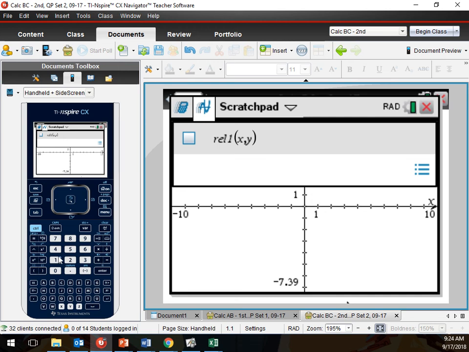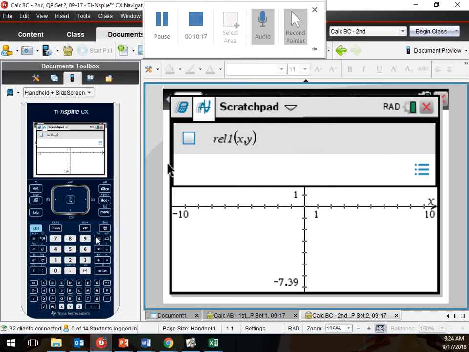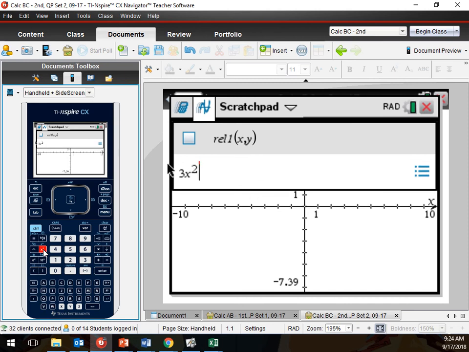What was my first one? It was 3x squared plus, is it 2y? Or 4y squared? I think so. Can anybody confirm for me?